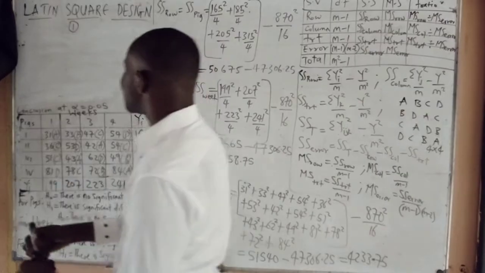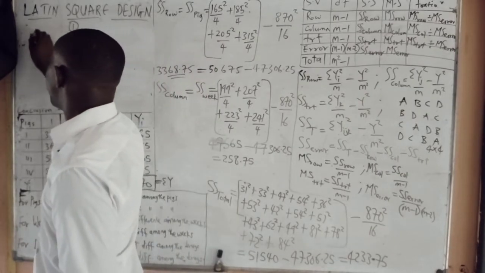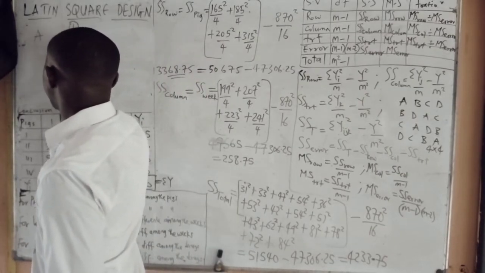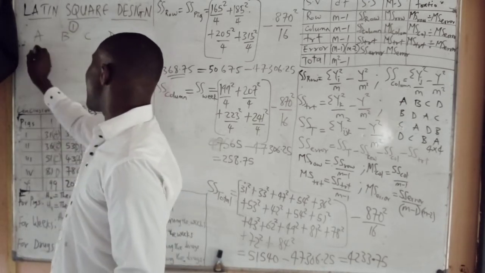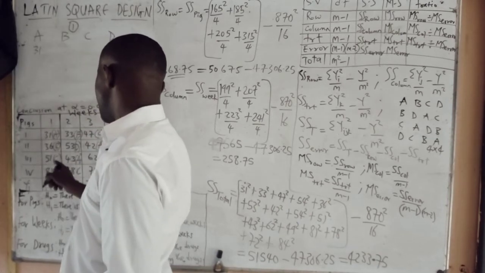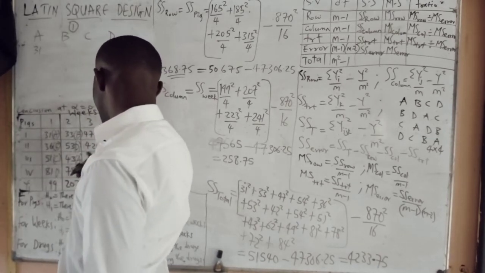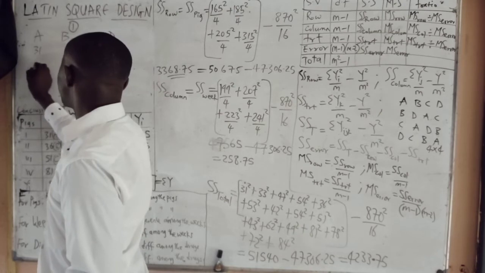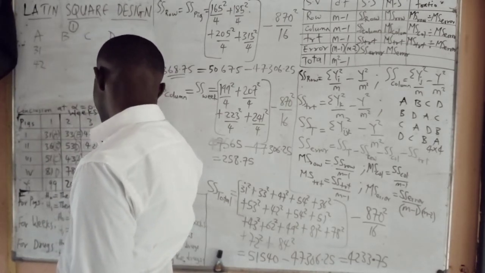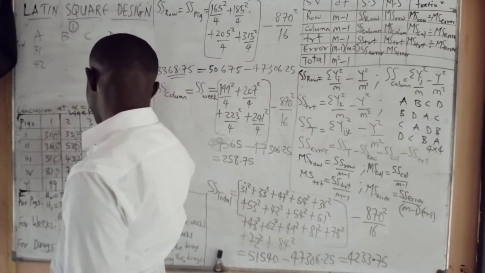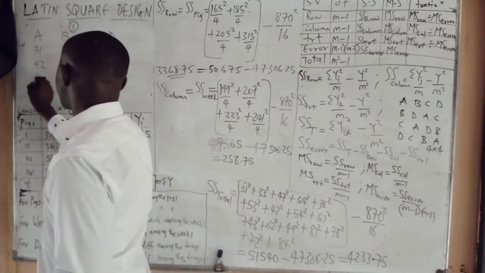So what matters now is that you write your A here, write your B here, write your C, and write your D. The first A we have is 31. Next one that we have is 42. Next A we have is 43.